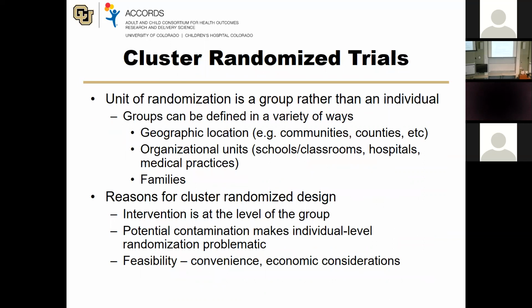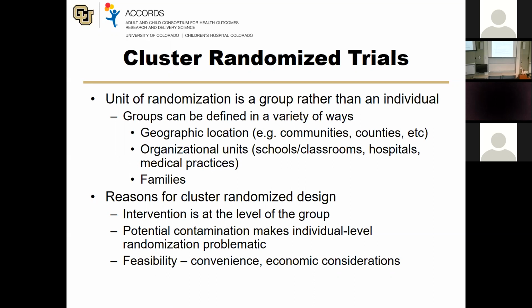So just reviewing a little bit, in cluster randomized trials, many of you have done them. Unit of randomization is a group, not an individual. And groups can be defined in a variety of ways by geographic location, organizational units, even families sometimes.